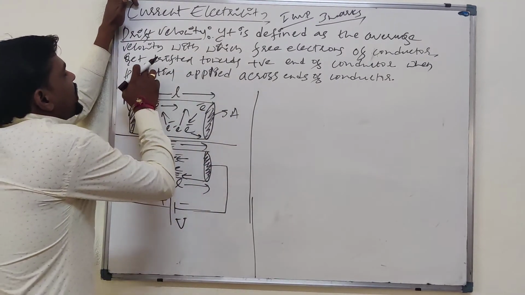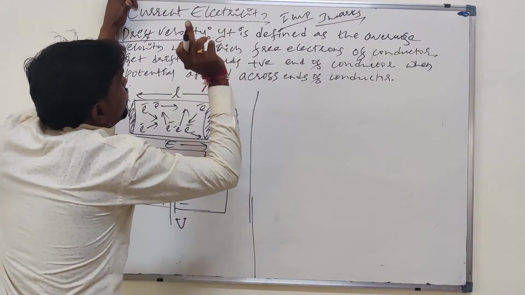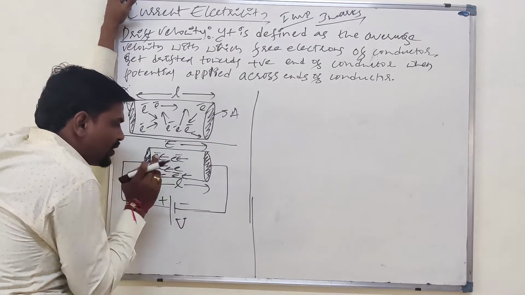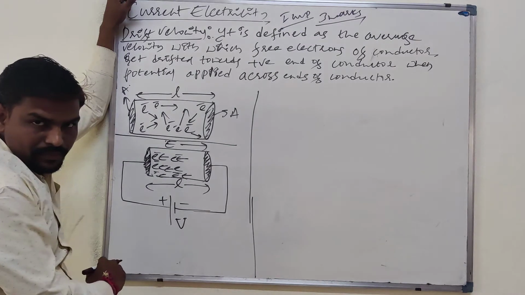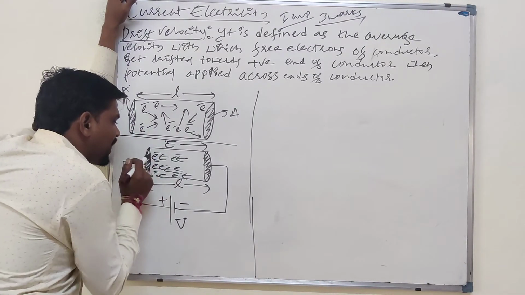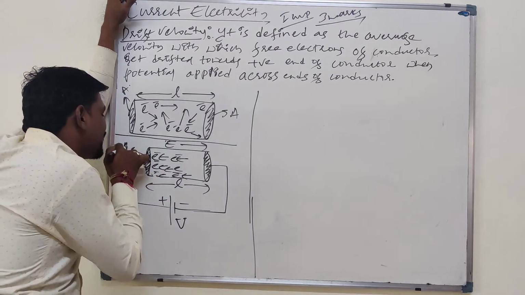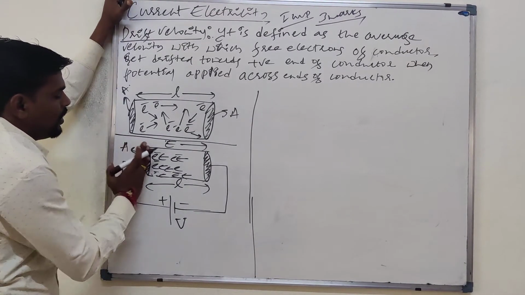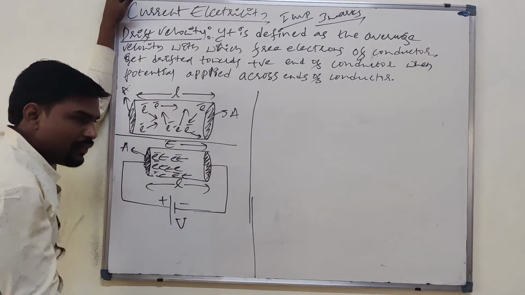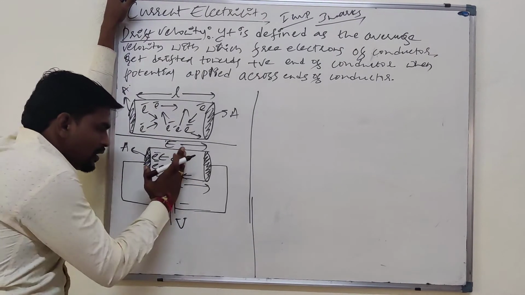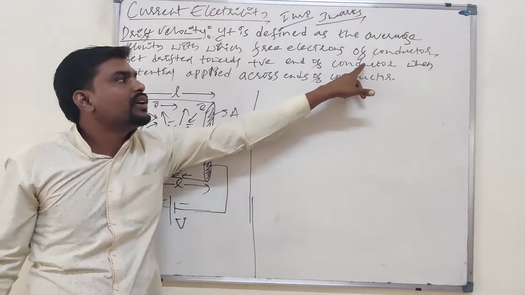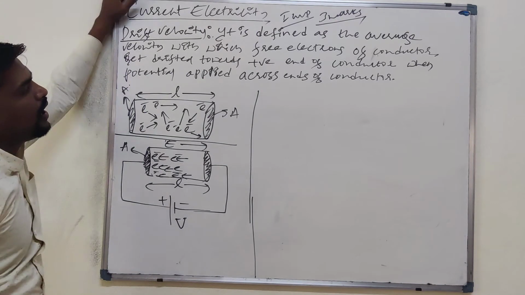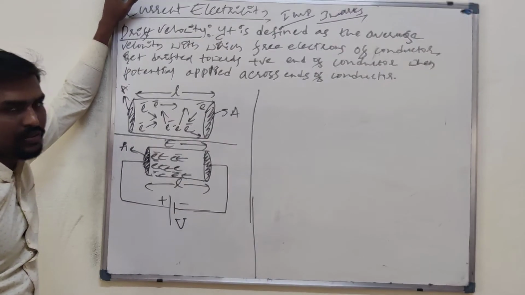Free electrons of the conductor get drifted towards, all drift to one side, all of them drift in one direction, and come towards the positive end; this is the negative end, right. So drifted towards the positive end of the conductor when potential difference is applied across the ends of the conductor.